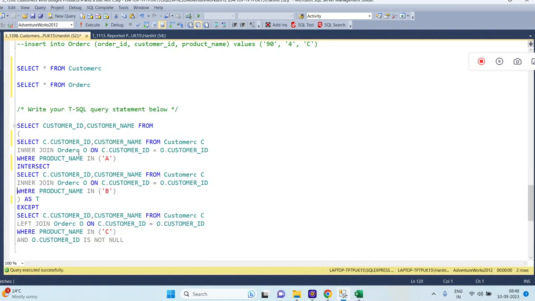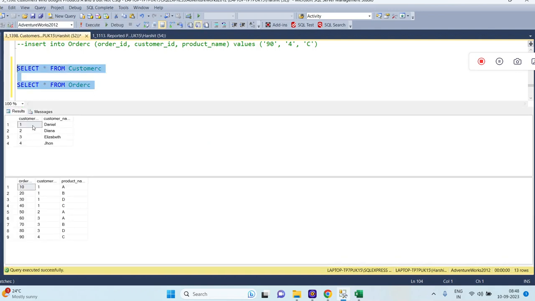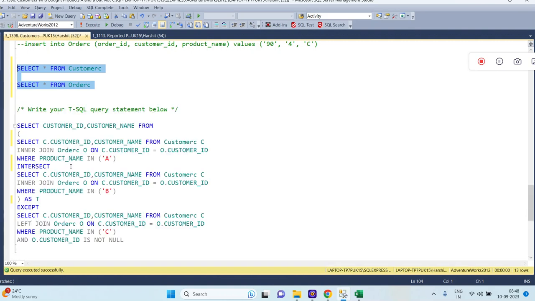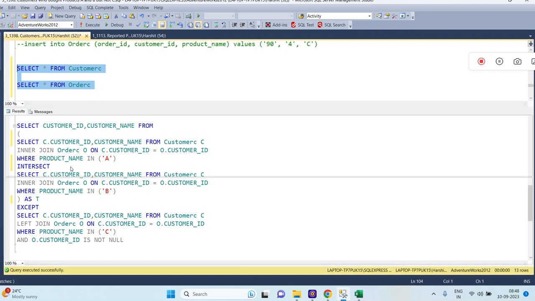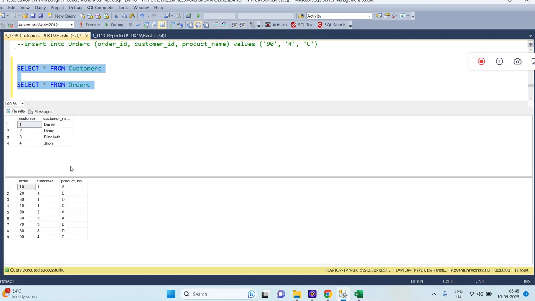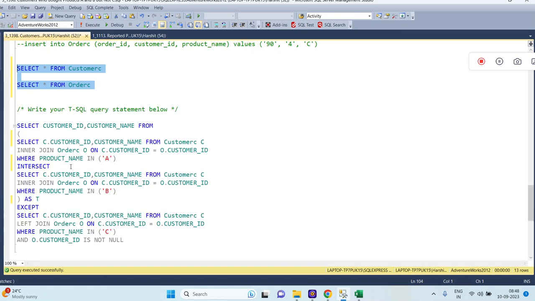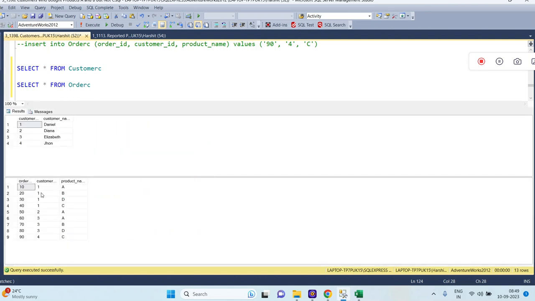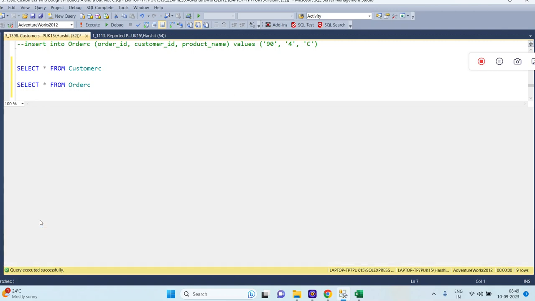So now let me again see this data. Customer 1 has purchased product C and 4 has purchased product C, but we do not require that data. We require those who bought A and B and have not purchased product C, so our result set should be 3.